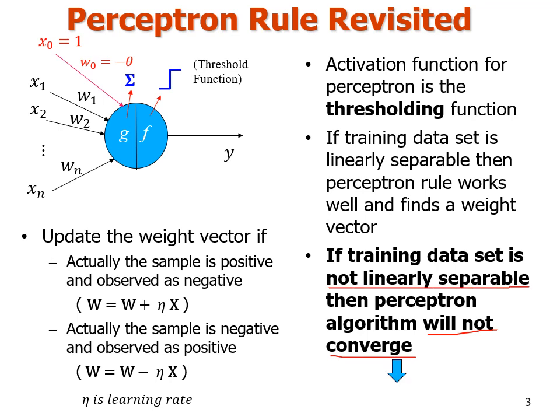So instead of the original perceptron learning rule, we may go for a delta rule that uses gradient descent, or even for more complex problems we should go for multi-layer neural network. So let us proceed with delta rule.